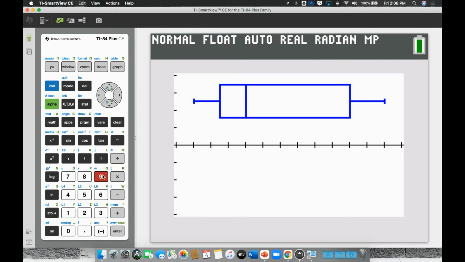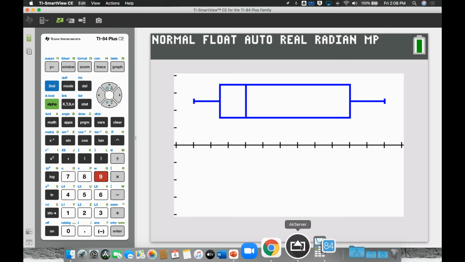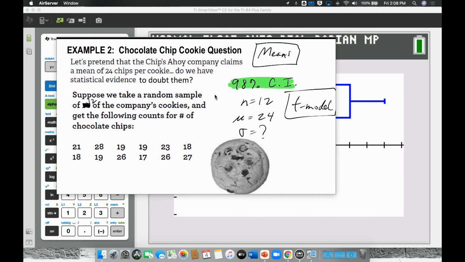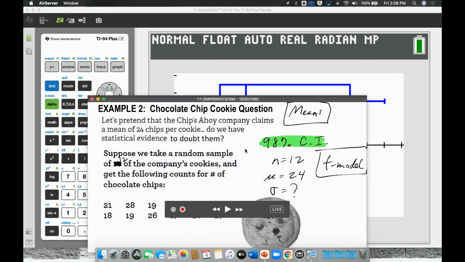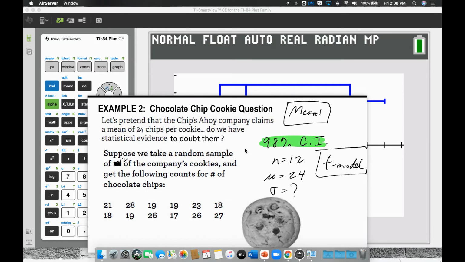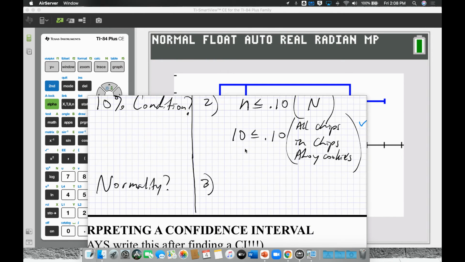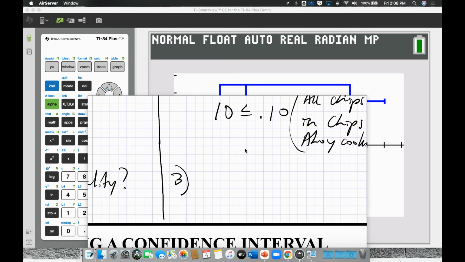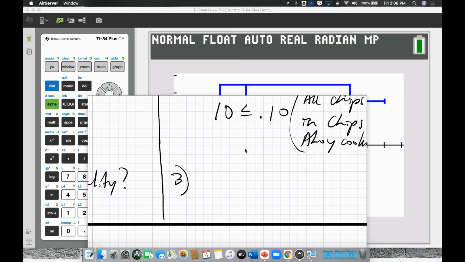So this is what we're going to do. We're going to draw that picture on our conditions and assumptions. Let's go back to our conditions and assumptions and draw that picture.